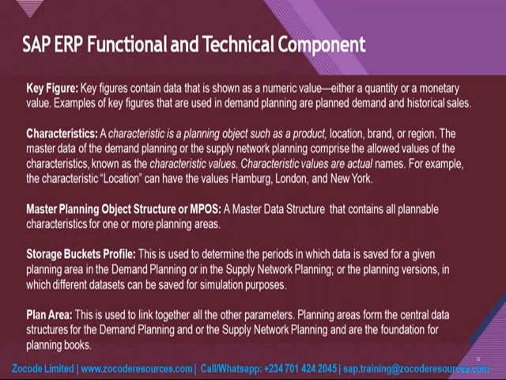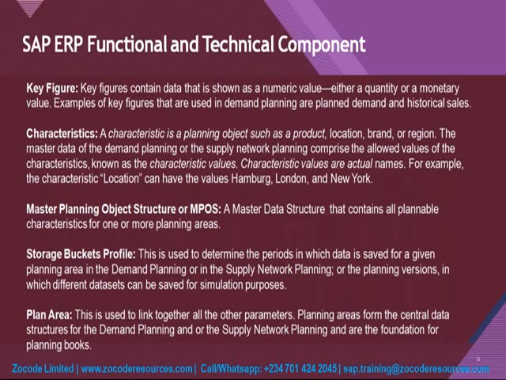We're also going to look at the planning area, which is used to link together all the other parameters. Planning areas form the central data structure for the demand planning or the supply network planning, and are the foundation for the planning book.